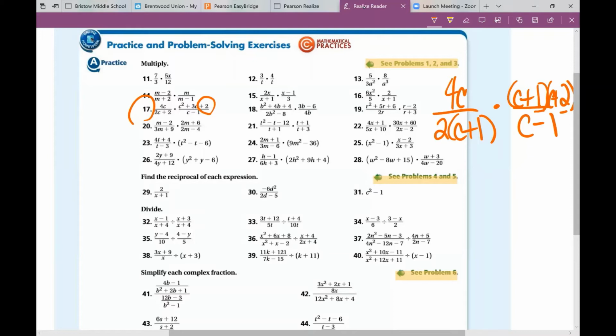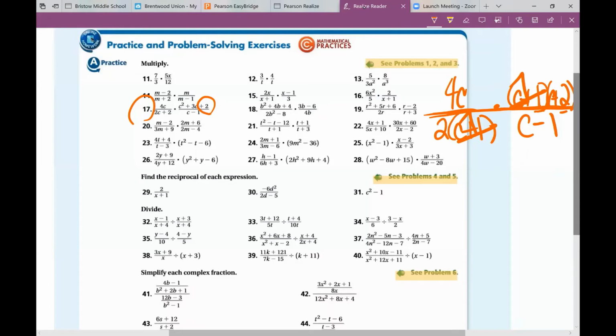Now I look, and this is basically one big fraction, so it's okay if you look someplace else to find something in common. If I look at my factors that are in parentheses, I see a c plus 1 in the numerator and denominator, and so I can cancel those out.